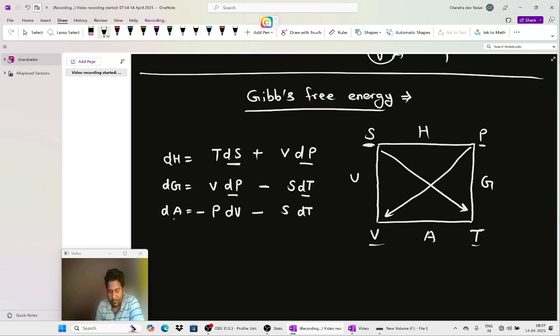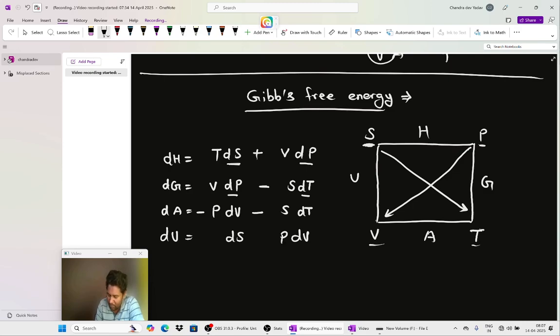So Helmholtz energy is also less applicable or less valuable, and internal energy change is also a function of entropy and volume. So change in entropy and change in volume at constant pressure.